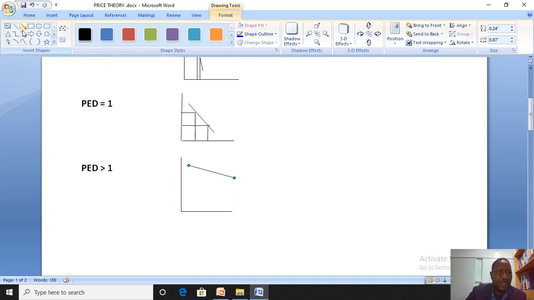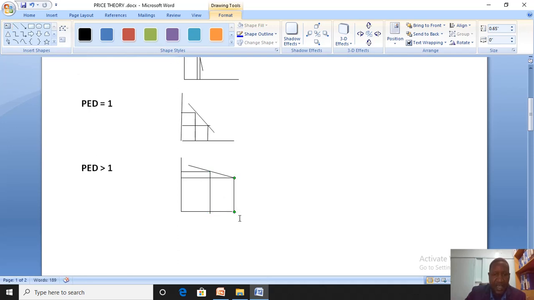Let's say that's our percentage change in price. It causes a bigger percentage change in quantity demanded.